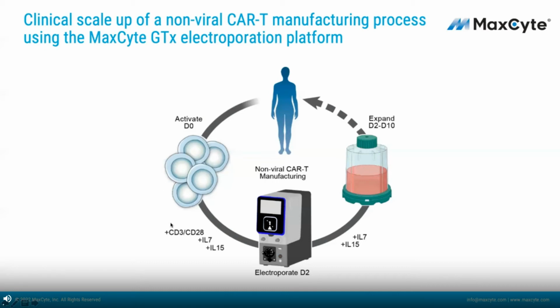These were then activated and expanded initially before the electroporation of a CRISPR RNP, so the Cas9 protein plus the guide RNA, alongside the ssCTS template for the BCMA CAR. These were then expanded for a further 8 days until they would then be dosed back into the patient for the treatment of multiple myeloma.